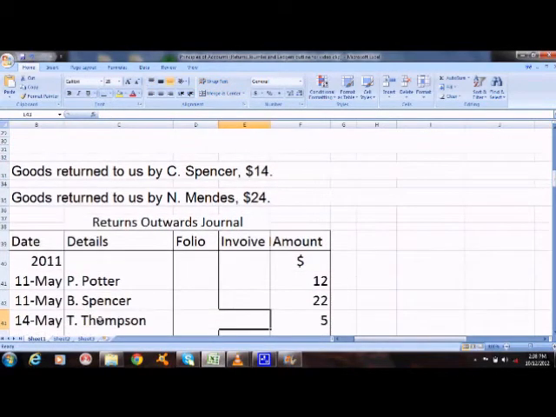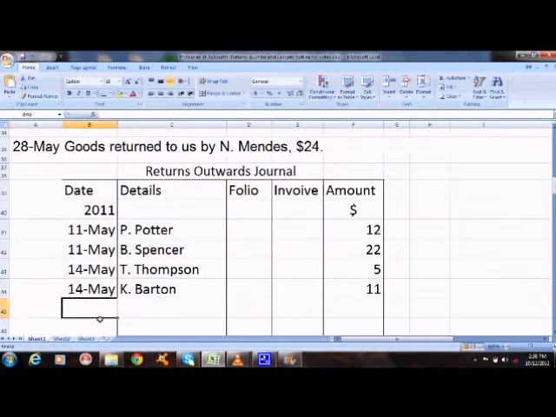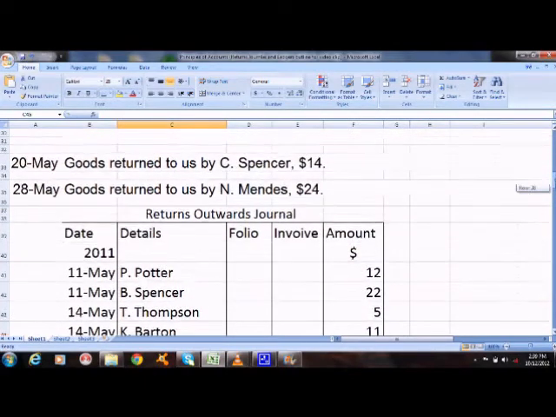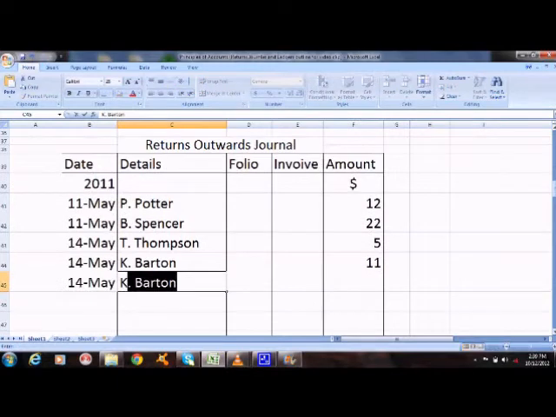Barton as well, $11, May 14. Then K. Kelly, $14.